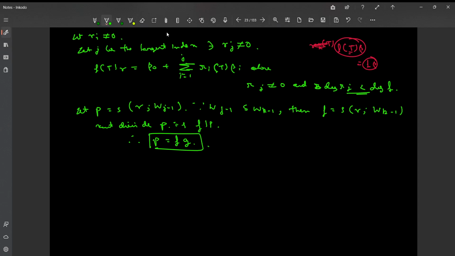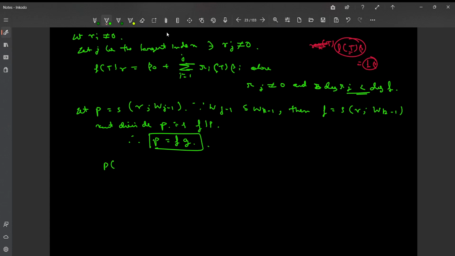Is it clear? Okay. So do not confuse this g with the gi's we had. This is some polynomial g. Now, so we have p equals fg.